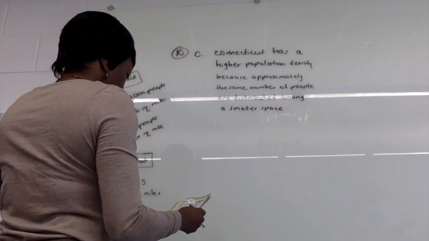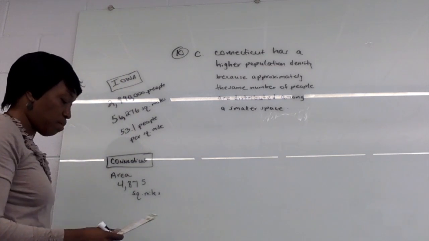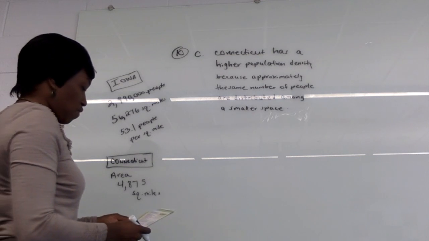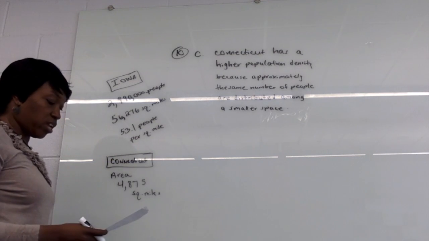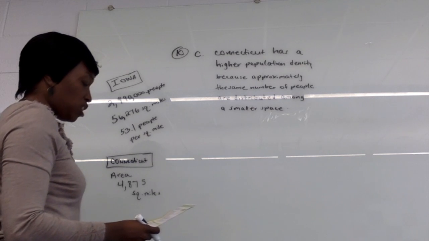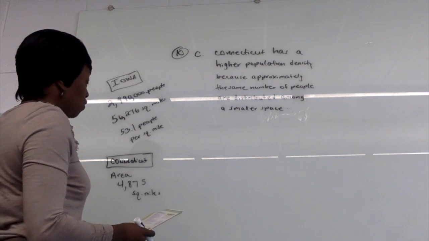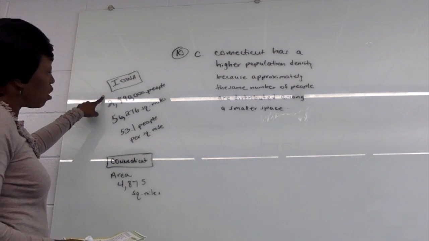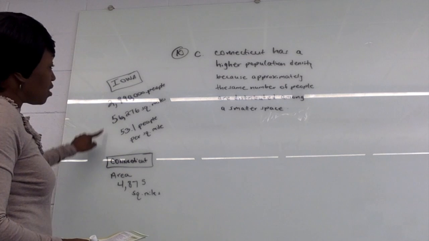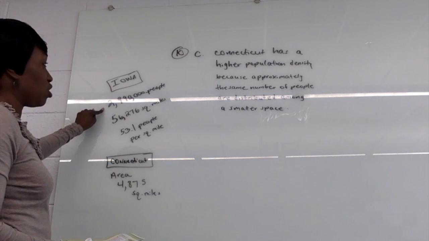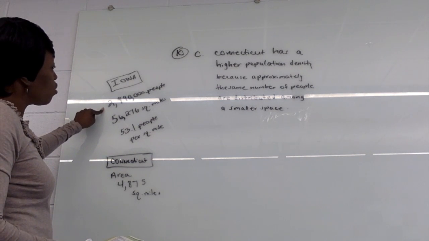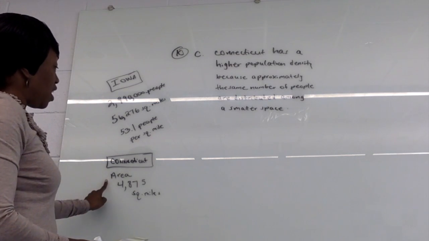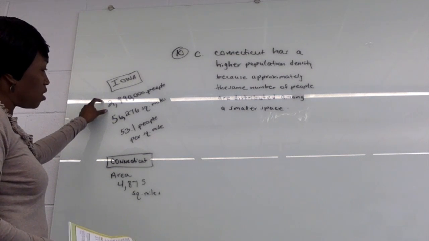Okay, so in 10C it says, Connecticut has about the same population as Iowa, but its area is 4,875 square miles. Without calculating, compare Connecticut's population density to Iowa's, and we must justify the answer. So over here, I've listed down the information that we knew from Iowa. Iowa has 2,990,000 people, and we're saying that Connecticut has approximately the same amount.